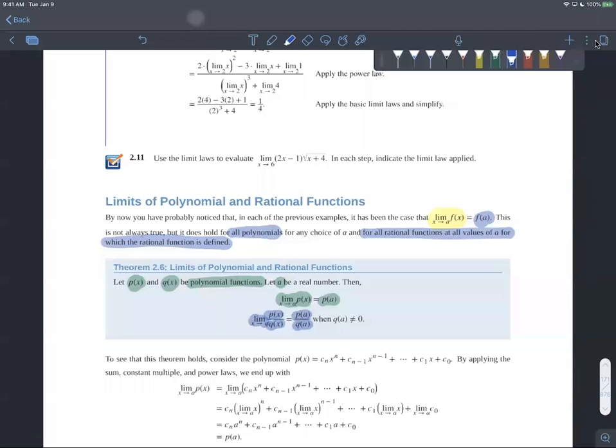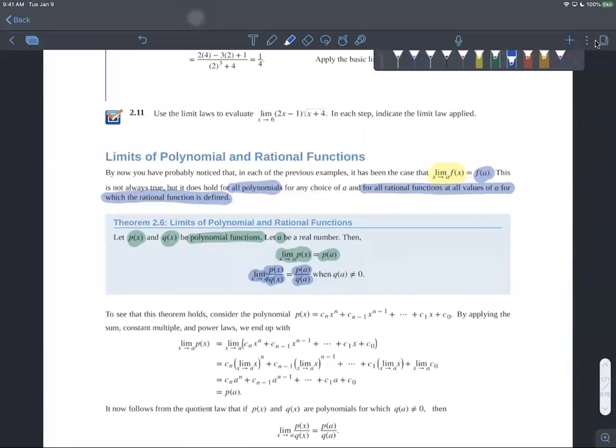All right, very good. So to see that this theorem holds, consider the polynomial. And here we're going to give a general polynomial. P of x equals c sub n x to the n plus c sub n minus 1 x to the n minus 1 plus dot dot dot c1 x plus c naught. By applying the sum, constant multiple, and power laws, we end up with, and so we're taking the limit, right? The limit as x approaches a.